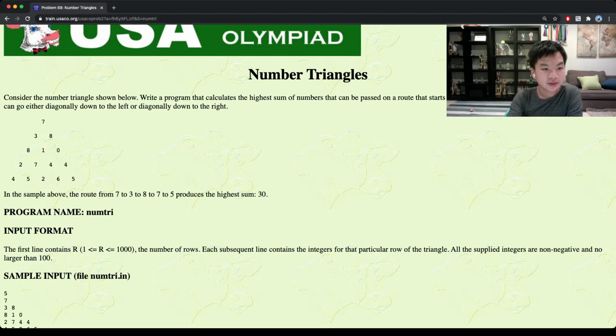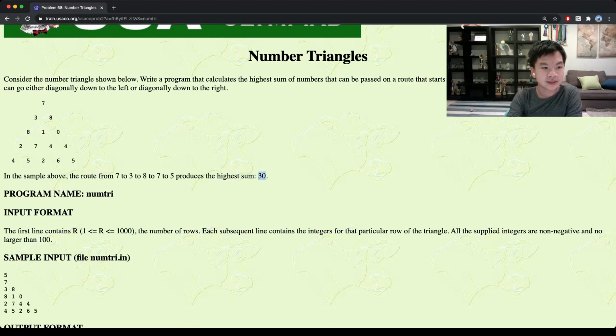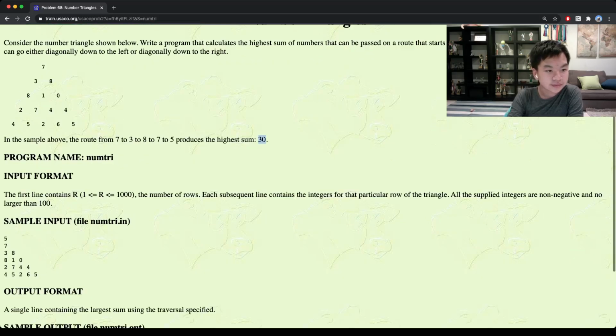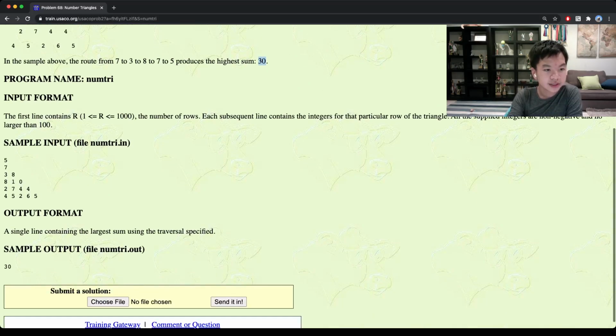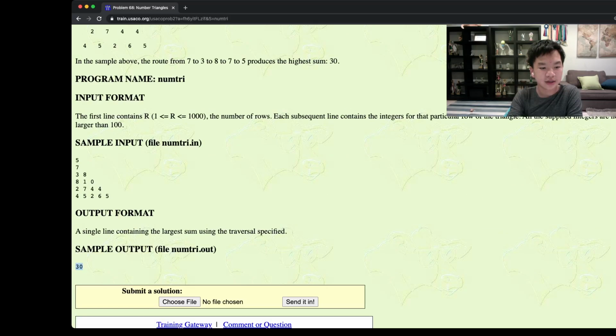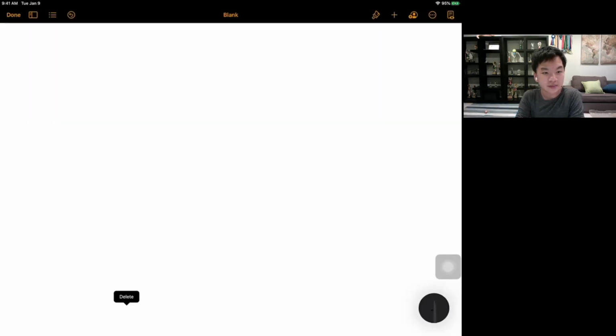The answer for this triangle would be to start from 7, go to 3, then 8, then 7, and then 5. This would be the highest sum, 30, since it equals 7 plus 3 plus 8 plus 7 plus 5. So we're just given the triangle, and we're supposed to output the largest sum.